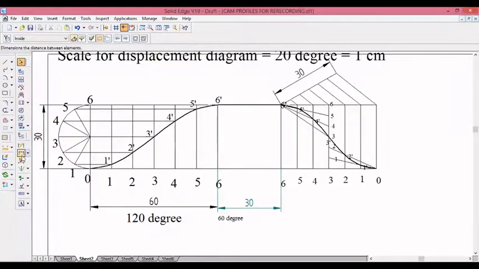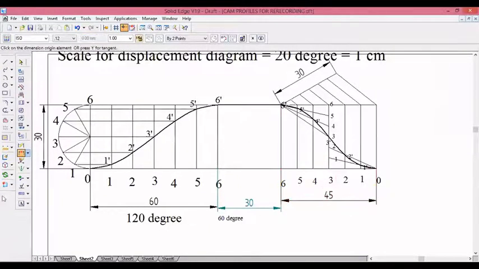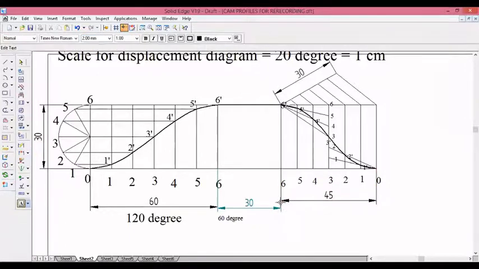And the dimension distance from here to here is 45 mm. 45 mm means 90 degree. You write it in terms of degree. So 90 plus 60 plus 120. So remaining is 90 degree itself.